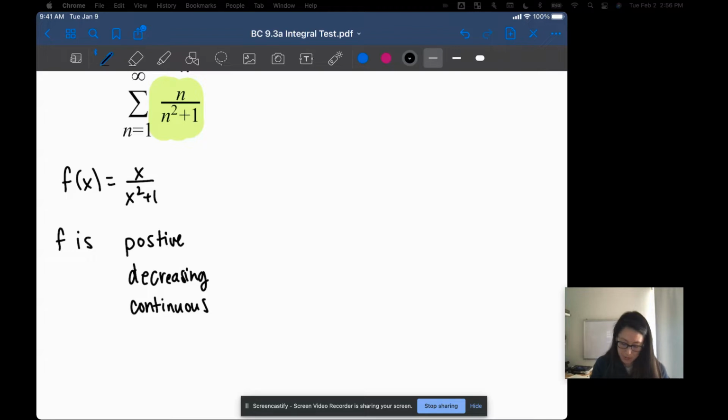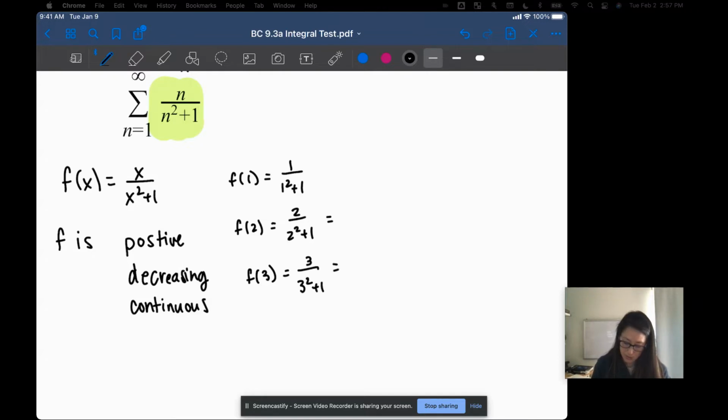If I plug in some values, like f of 1, because that's my first value, I get 1 over 1 squared plus 1. f of 2 would be 2 over 2 squared plus 1. f of 3 is 3 over 3 squared plus 1, and I'll go ahead and simplify those.